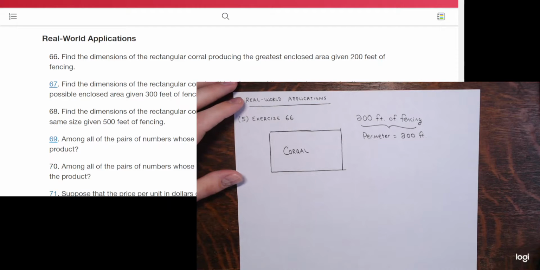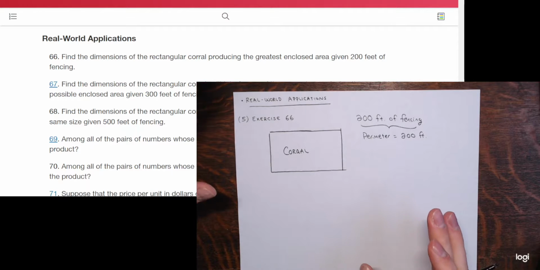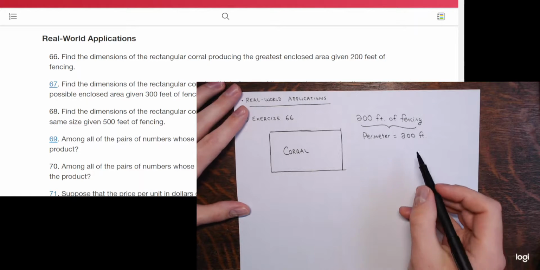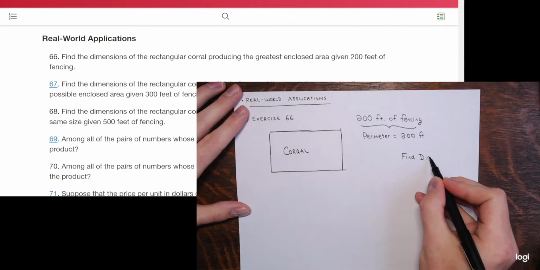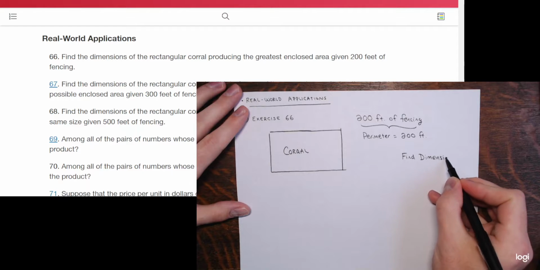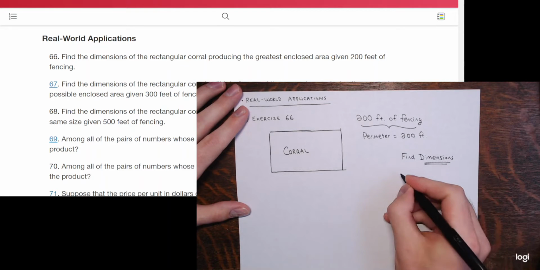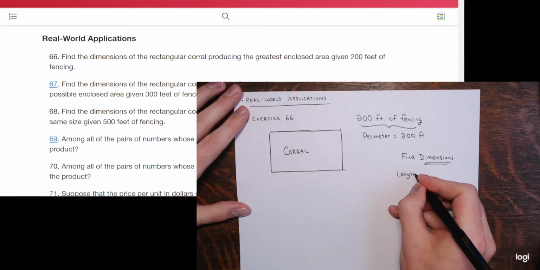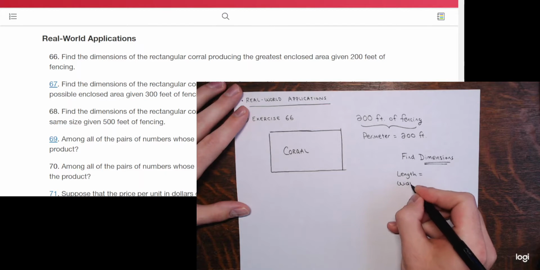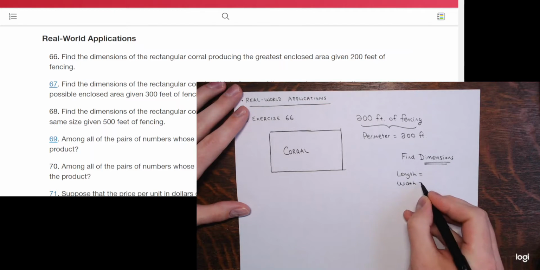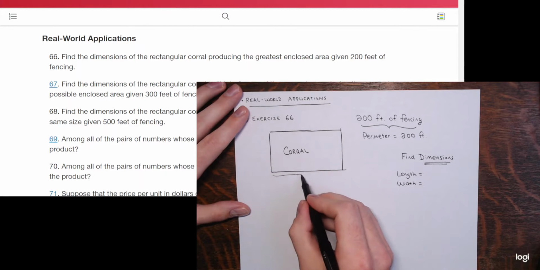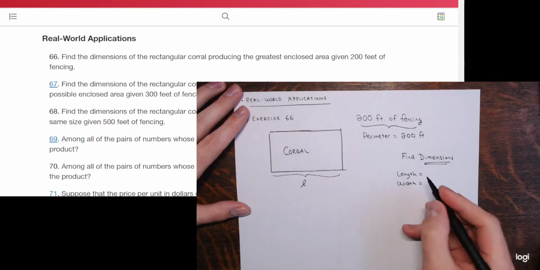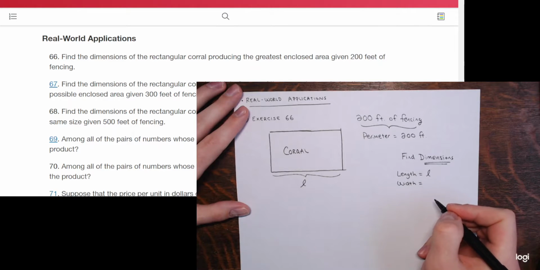Now, just like any word problem, I read through it and identified the unknowns. They want us to find the dimensions. What don't I know? The dimensions of a rectangle are length and width. So I'm going to call these something. I'll call the length L, or you can use X if you want.